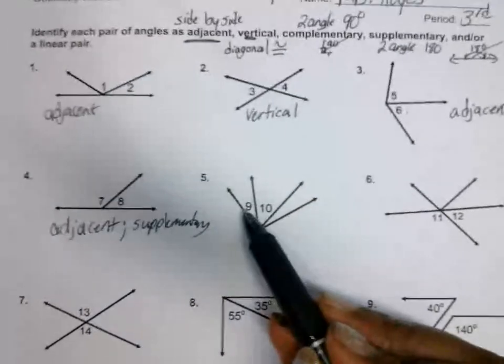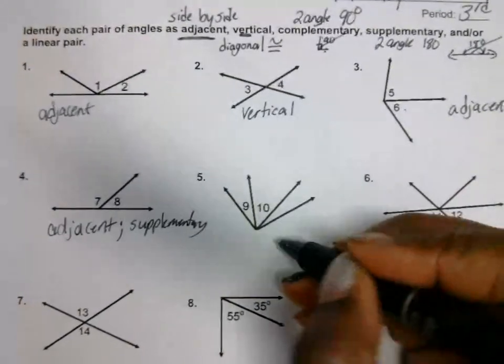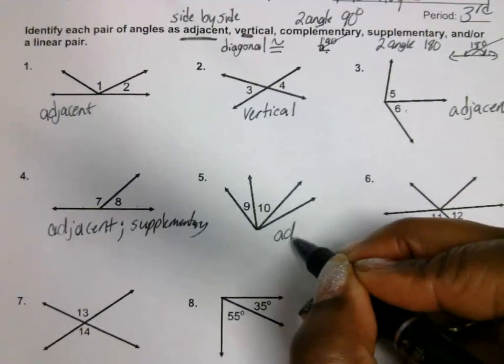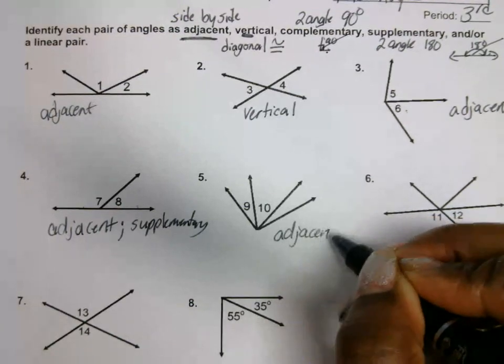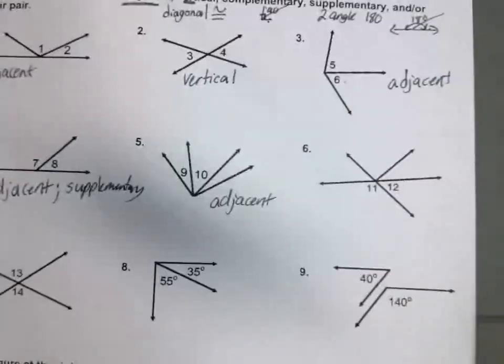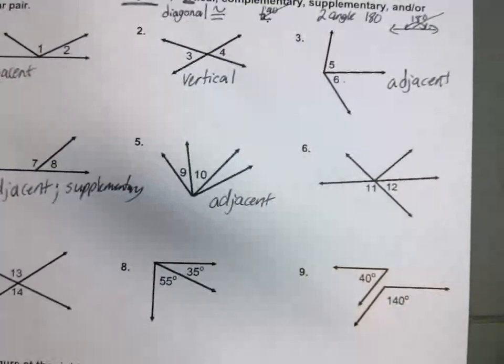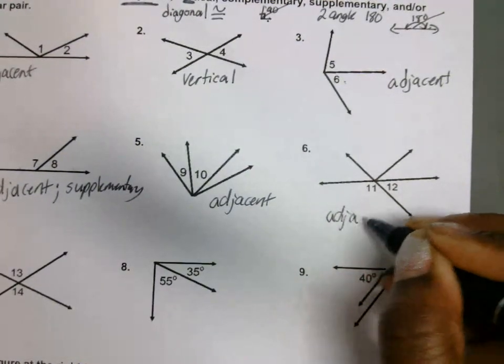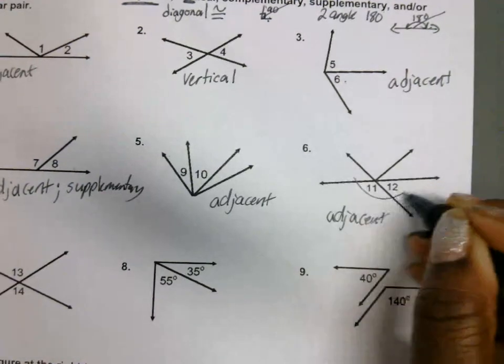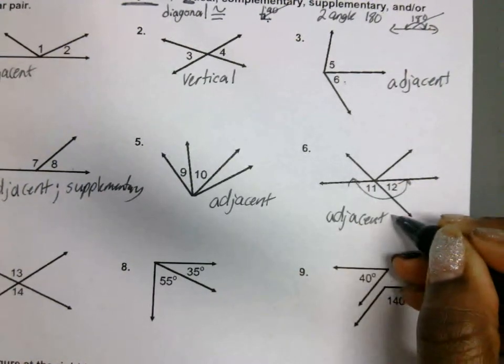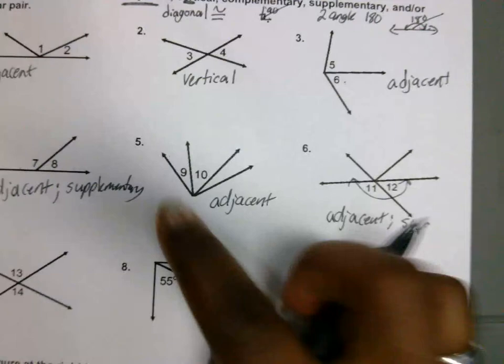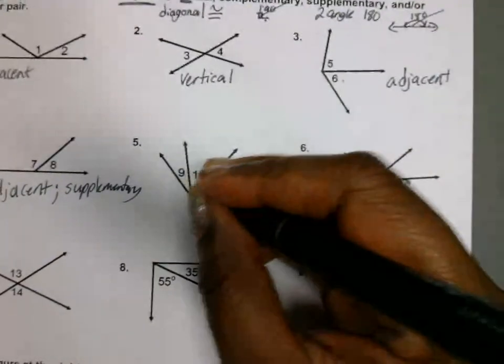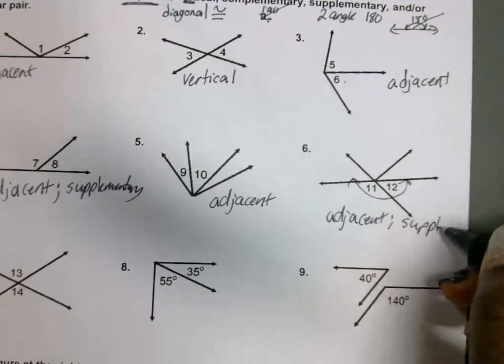Number 5, 9 and 10, adjacent. Number 6, supplementary because they form a straight line. This looks complementary, but we don't know because there's no box here. So I'm not going to chance it.